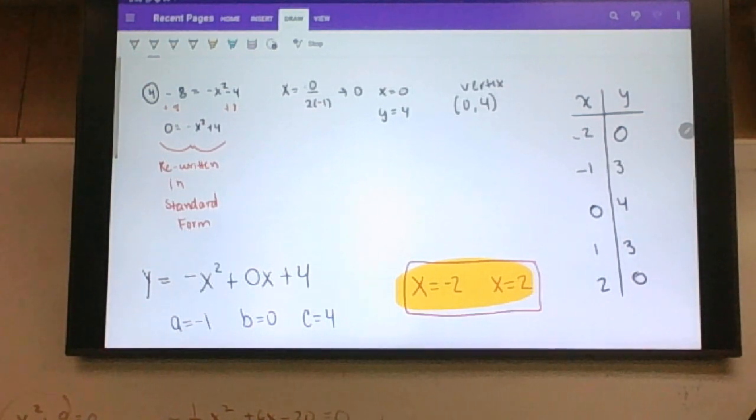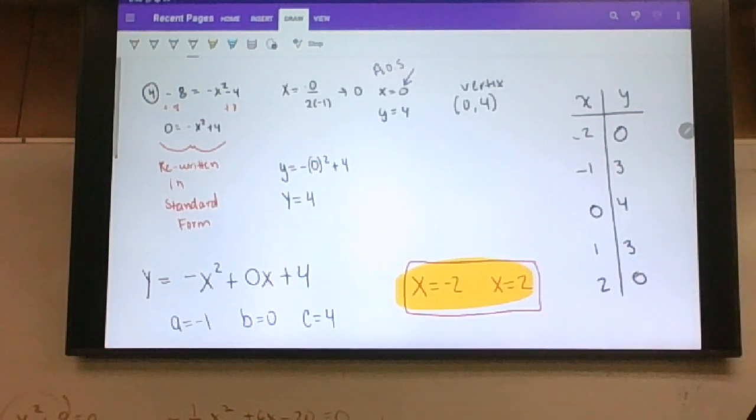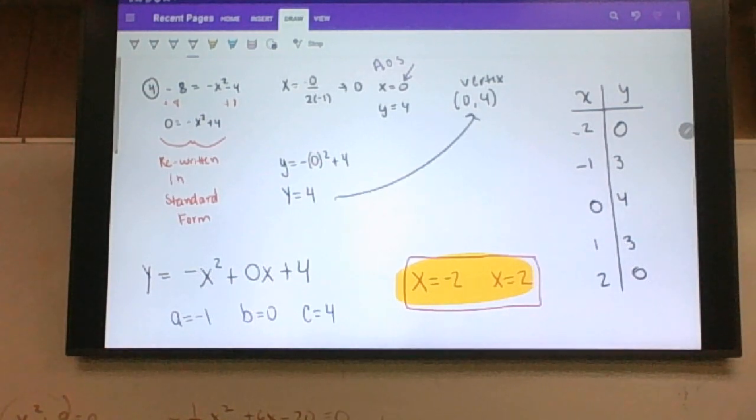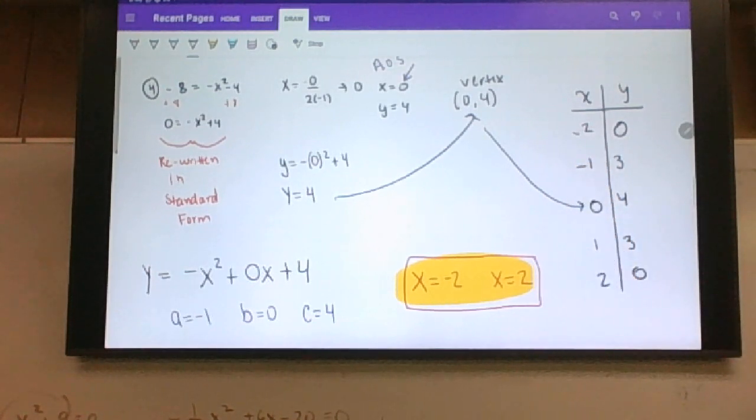So then your axis of symmetry is 0. And when you plug 0 in, you get y equals 4, because this will all just be 0. So that's where the vertex comes from. You put that in the middle of the table, plug in negative 1, negative 2, and 1 and 2.